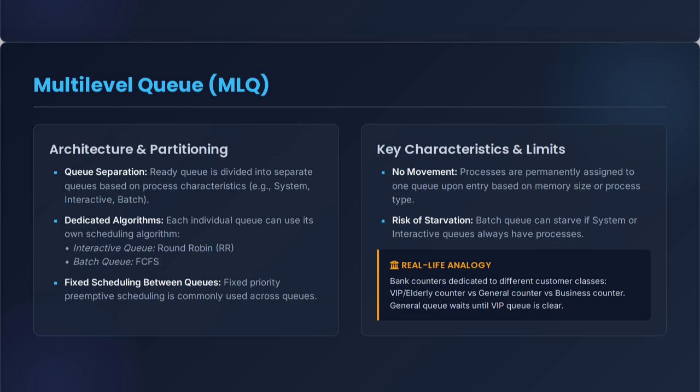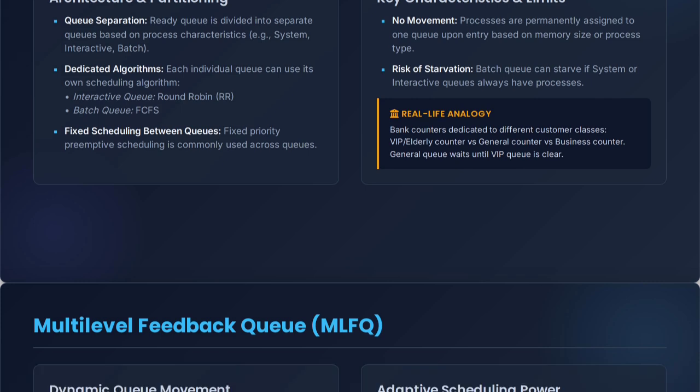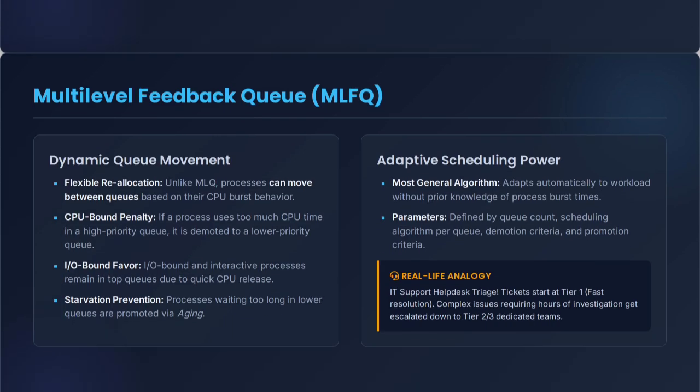And again, multi-level feedback queue. It is similar to the multi-level queue but with a key improvement: a process can move between queues. If a process uses too much CPU time, it is moved to a lower priority queue.